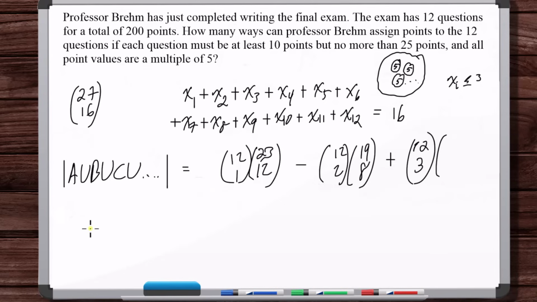And you're multiplying that by what is A intersection B intersection C. That's when 3 of the bins have at least 4 tokens, so 12 slots are taken up. You've got 4 slots left, choosing from 12 bins. 12 plus 4 is 16, minus 1, so 15 choose 4.